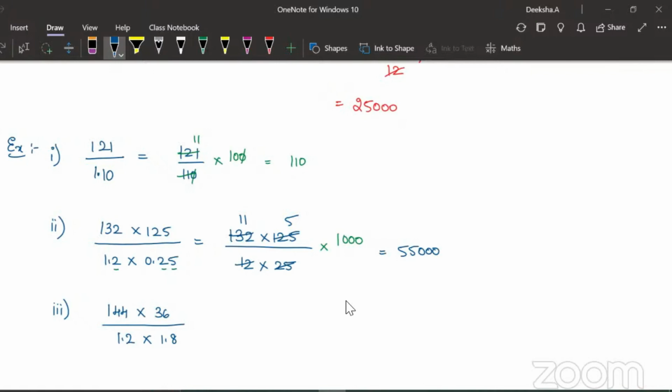Rewrite it without decimal points. Count number of digits after decimal point in the denominator. In the numerator, you multiply with balancing factor, which is 1 followed by number of zeros is same as the total number of digits after decimal point in the denominator. Please don't use calculators.